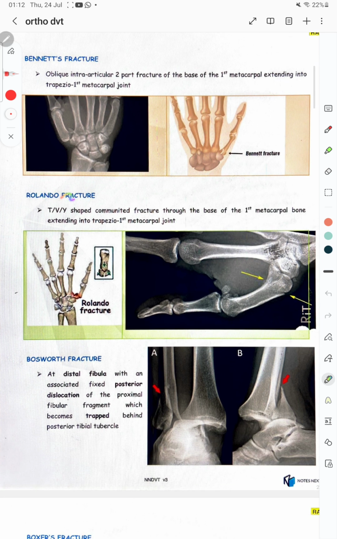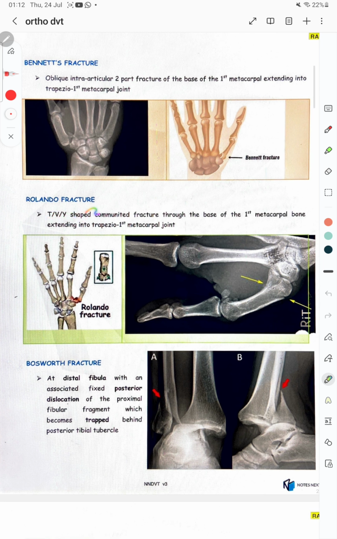Then we have Rolando fracture. Rolando fracture is sometimes T-shaped, V-shaped, Y-shaped comminuted fracture through the base of first metacarpal bone extending into the trapezio-first metacarpal joint.